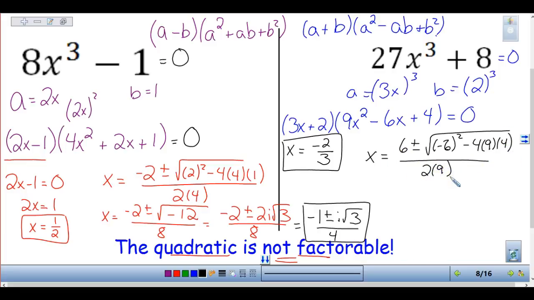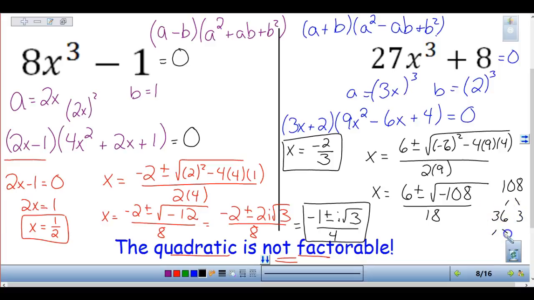So, under your square root, if you plug that in, you're going to get -108. So we're going to have 6 plus or minus the square root of -108 divided by 18. So if you break down 108, to save time, I do know that 36 goes into that.